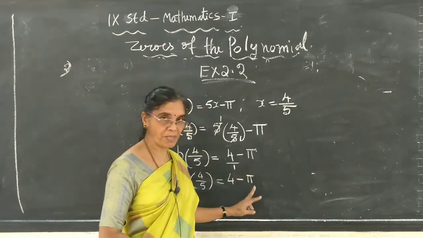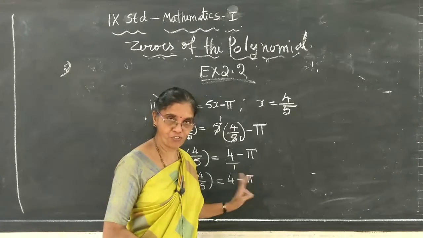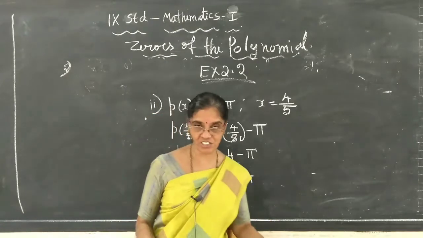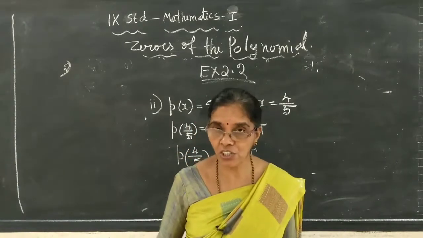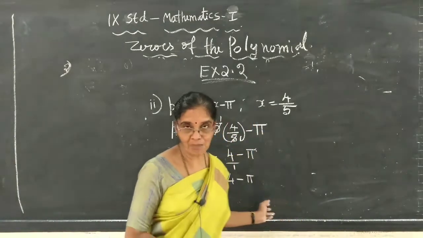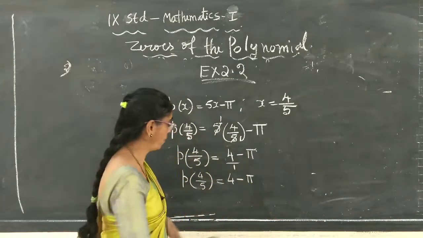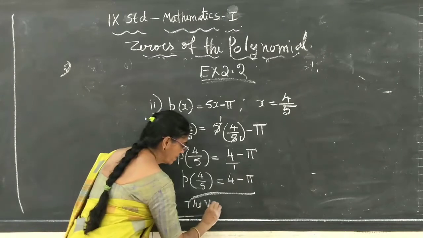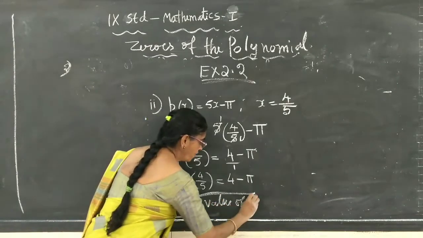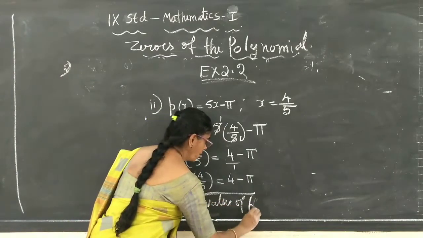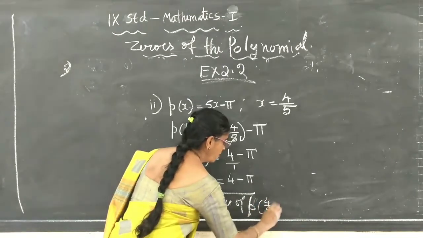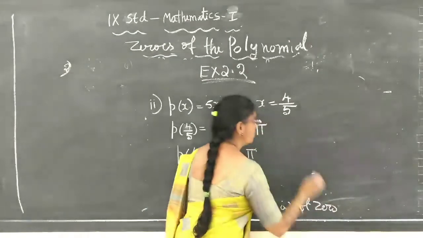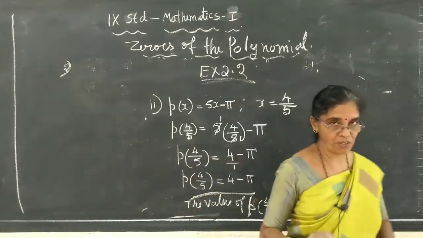So 4 minus pi, pi is not 4. If it is 4, 4 minus 4 becomes 0. Now if you do this simplification, you won't get 0, it is other than 0, it has got some value, so it won't become 0. So it is not a 0 of the polynomial. The value of P of 4 by 5 is not 0, so it is not a 0 of the polynomial.